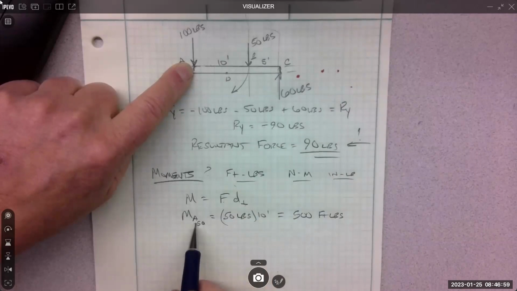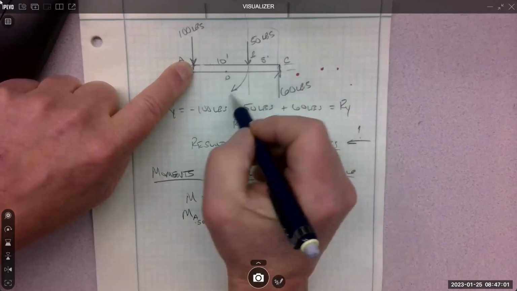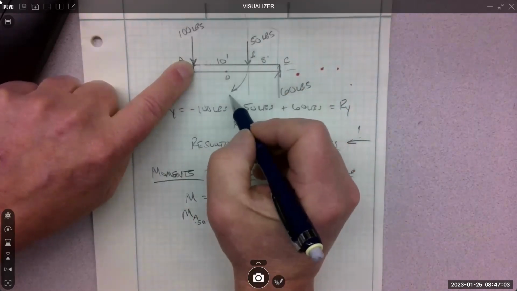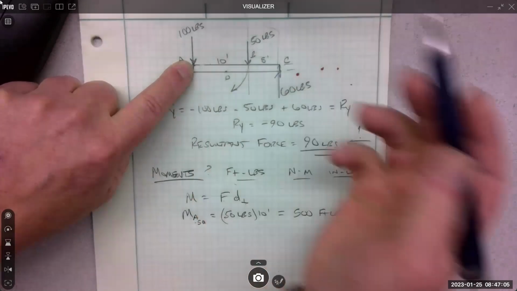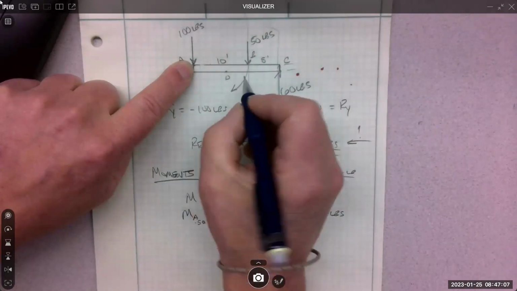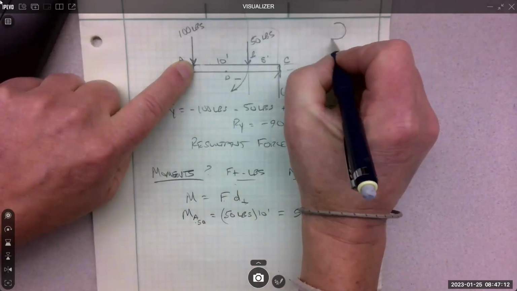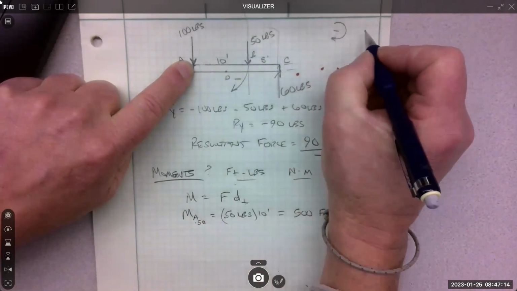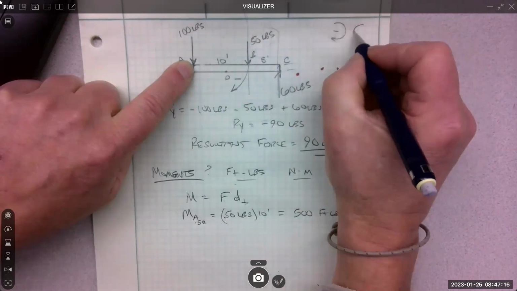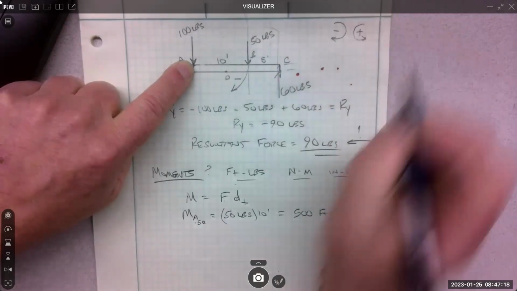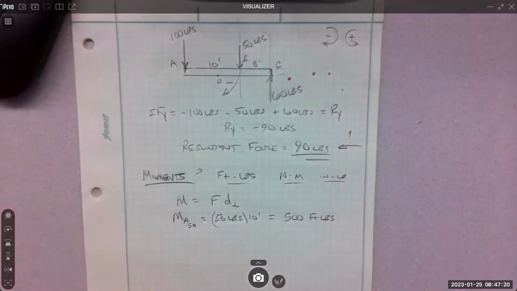But I did it about point A. So I need to do my rotation with respect to point A. Is this clockwise or counterclockwise? Clockwise is negative. That's the rule. So clockwise is negative. Counterclockwise is positive for our torques or moments.